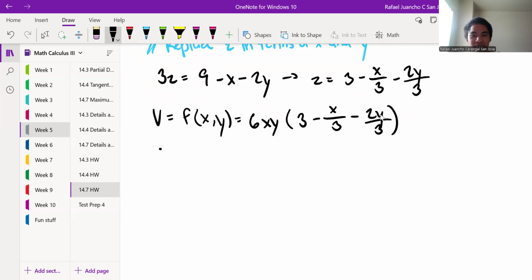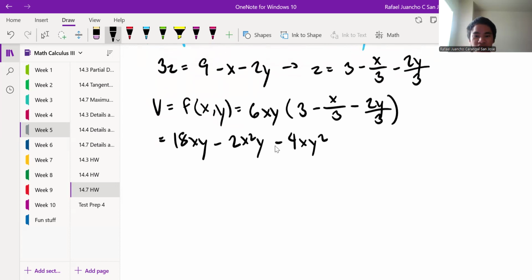So here we would get something like 18xy minus 2x squared y, and then 6 divided by 3 is 2, so minus 4xy squared. There we go. Now we have that.